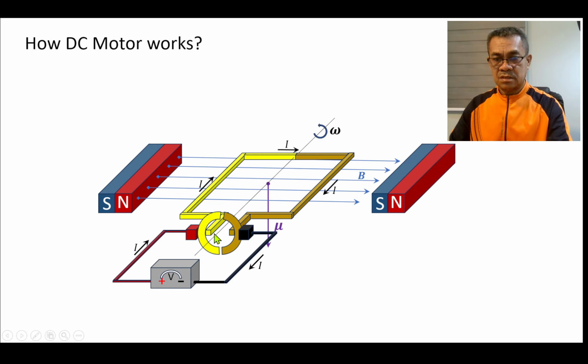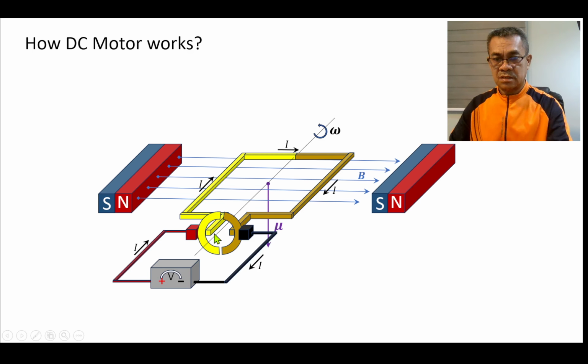If you are solving problems in a DC motor, we have the armature and we have this field. The field, take note, has a resistance of the wire. So we can calculate the resistance here.